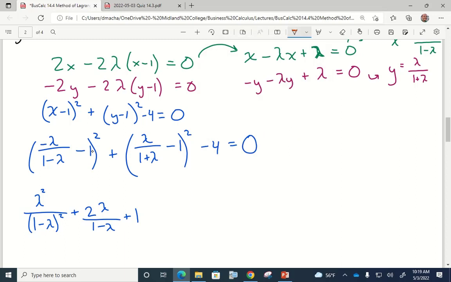Then I'll expand out this portion. So I'm going to have lambda squared over 1 plus lambda squared, minus, so there's a negative 1 there, minus 2 lambda over 1 plus lambda, and then plus 1, because negative 1 squared.